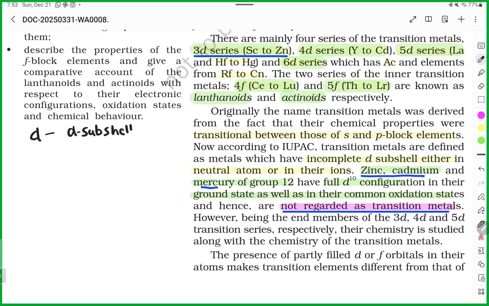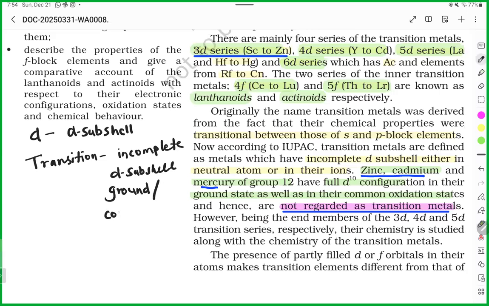When we say transition element, its simplest meaning is an element that has an incomplete D subshell, whether in normal condition or common oxidation state. Normal means ground state or common oxidation state. Understood? Any doubt?